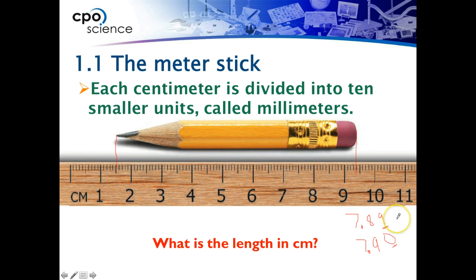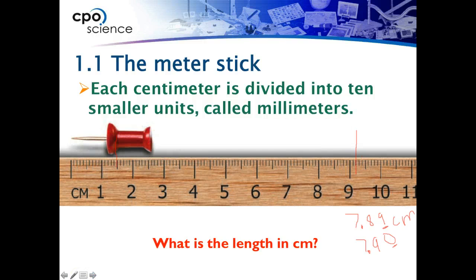It could be 0.91. There's some uncertainty there. And these units are all in centimeters, and so that's another example of how to measure length with the most accuracy and precision possible.